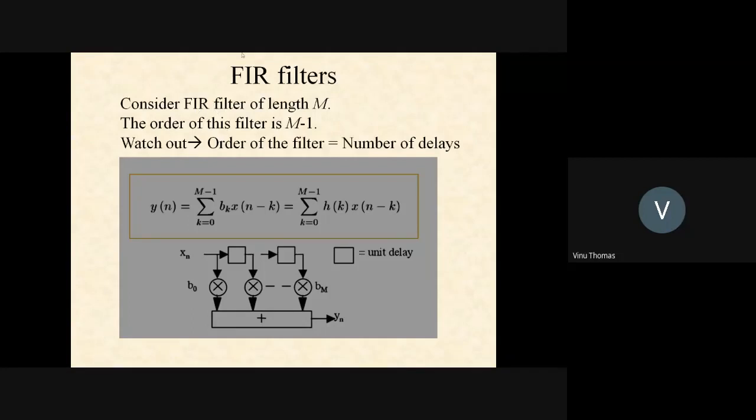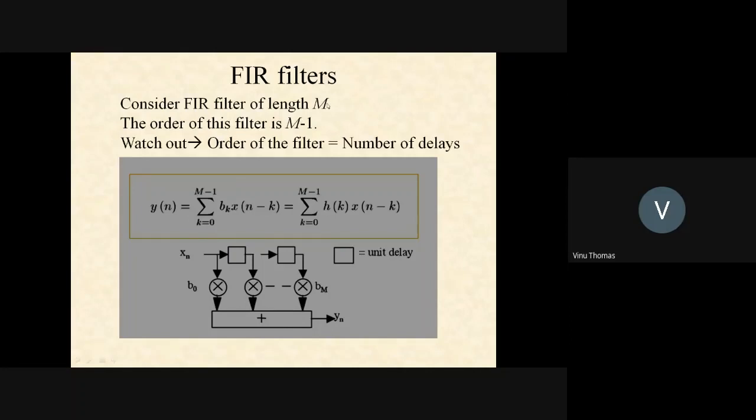So consider an FIR filter of length m. Length m will mean you have filter samples B0, B1, B2, etc. up to Bm minus 1.